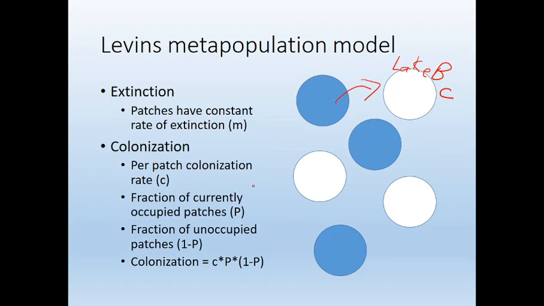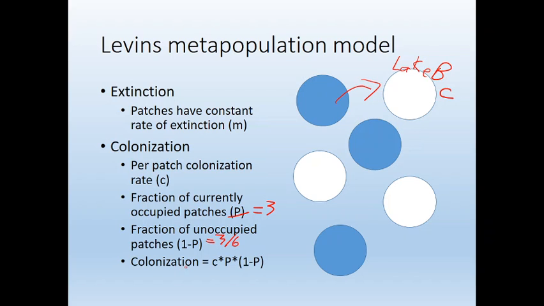Another thing is that the fraction of currently occupied patches is P, so in this case P equals 3 out of 6. And unoccupied patches is just 1 minus P, so again 3 out of 6.